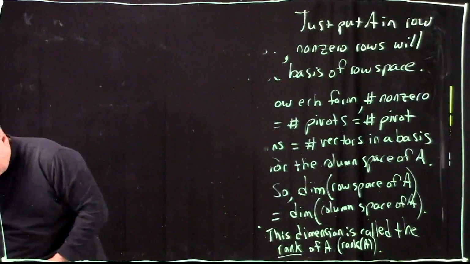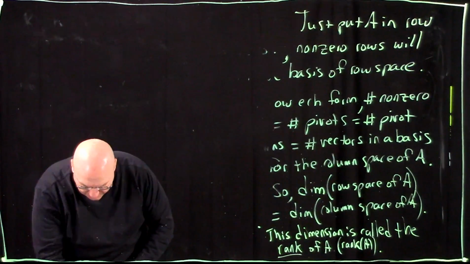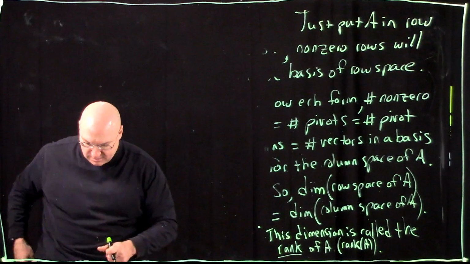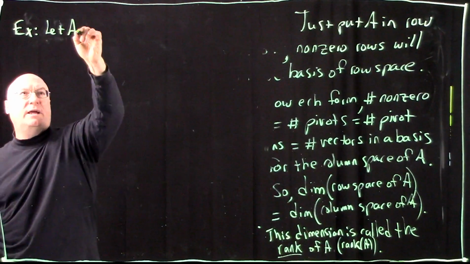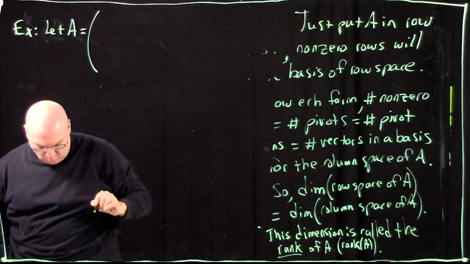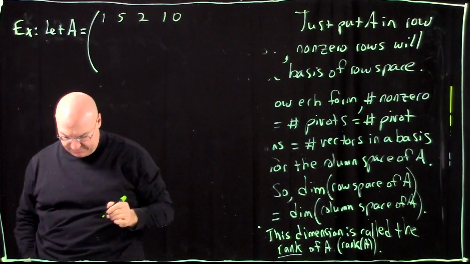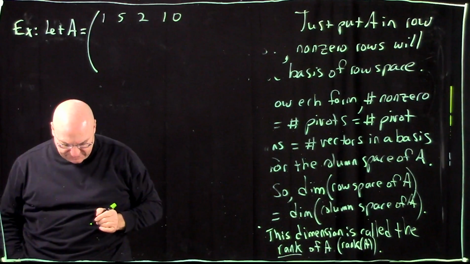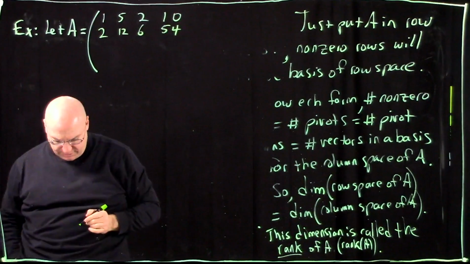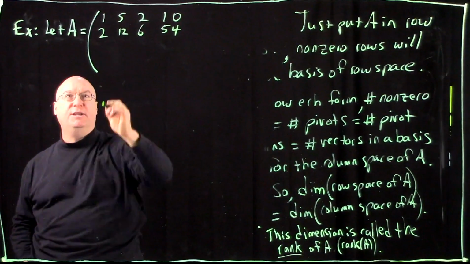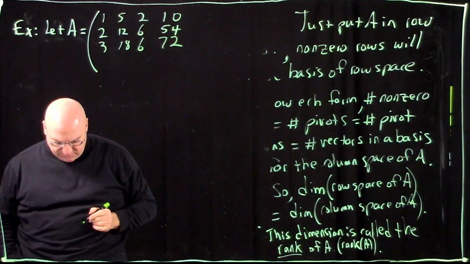Okay, my example: let A equal this matrix, with rows 1, 5, 2, 10; 2, 12, 6, 54; 3, 18, 6, 72; and 1, 5, 2, 10.